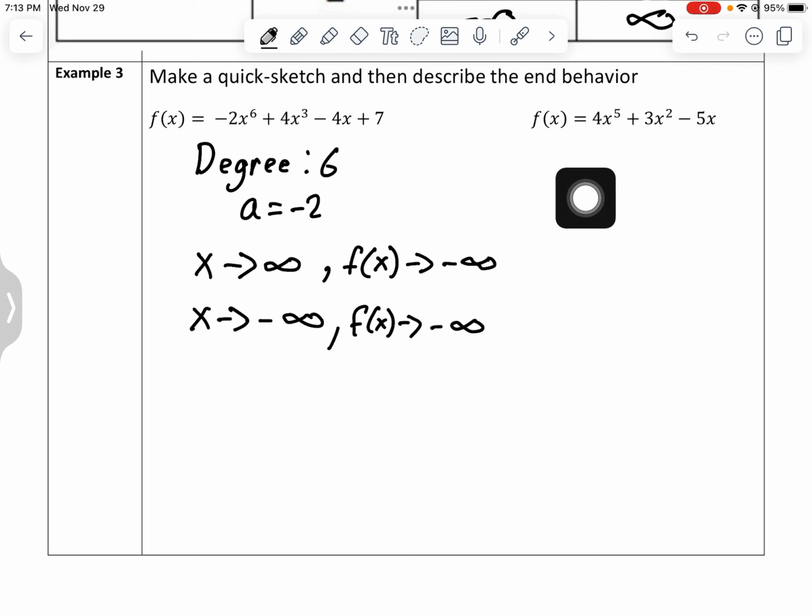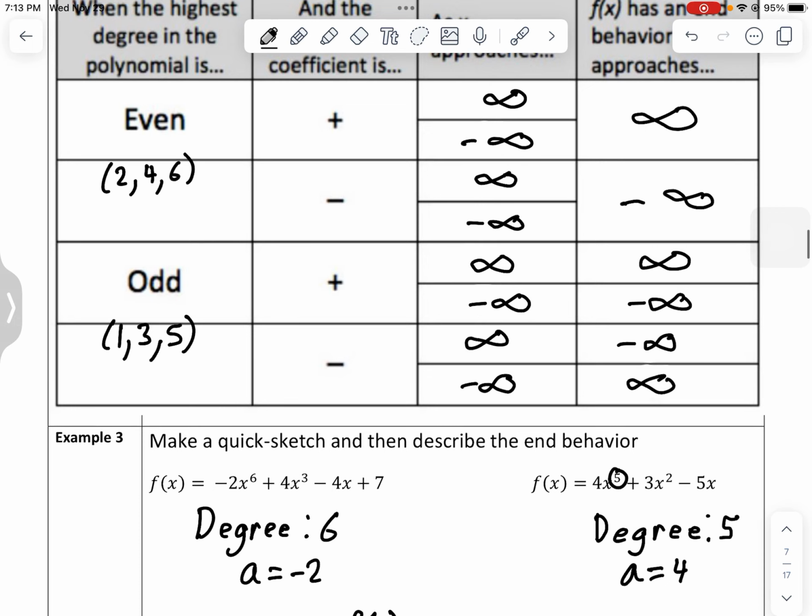Here we have an odd degree because 5 is the highest. So I always like to list out the degree, which is 5, and that's odd. And then the a value here is 4, which is positive. So then if we go to our chart, we are looking for odd and positive. So here's odd, it's one of these two. Odd and positive would be this one.